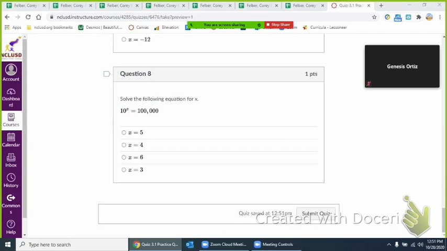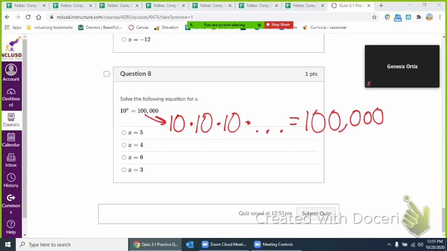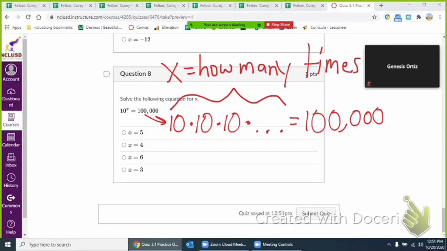So what we're trying to figure out is how many times do we have to multiply 10 by itself to get 100,000? However many times you have to do it, that's what x is. That's the answer. You can think of it as how many tens you'd have to multiply to get 100,000.